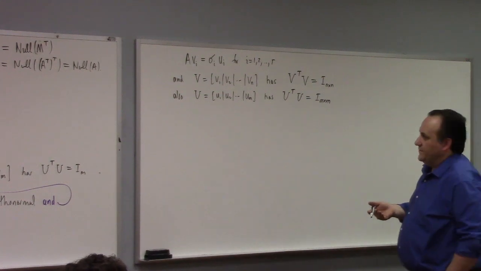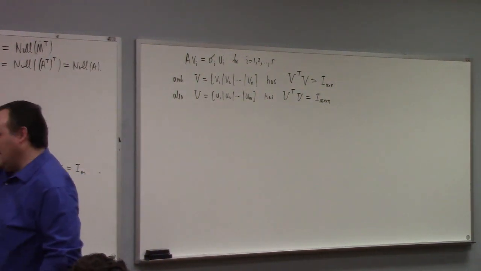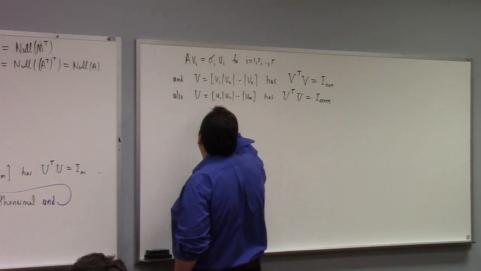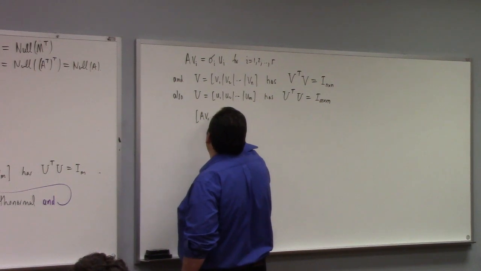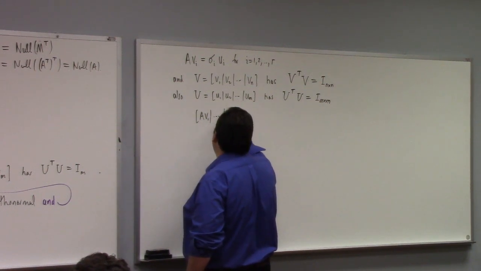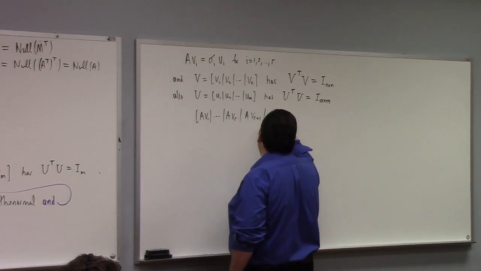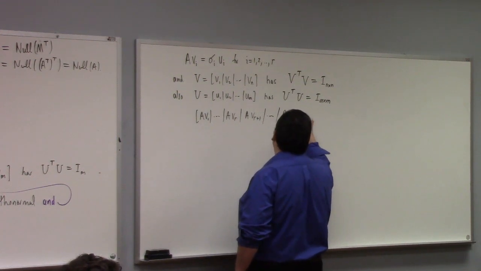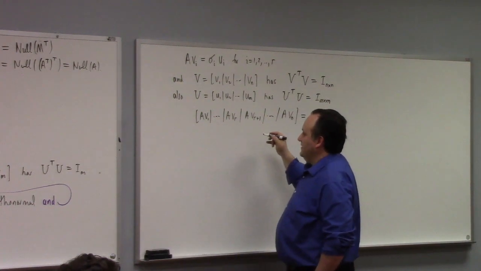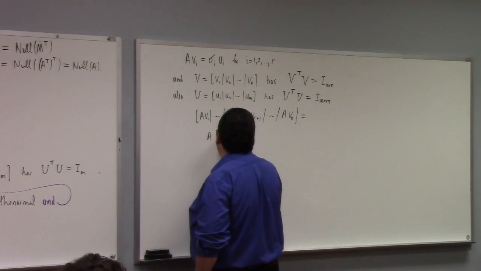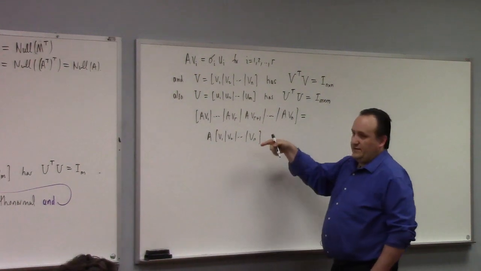So let's put this all together. What do we have? If you look at the boxed equation, we have that A v1, ..., A vr, and then A v_{r+1}, ..., A vn is equal to a couple different things. On the one hand, it's equal to A times v1, v2, ..., vn, because we have that property of matrix multiplication.